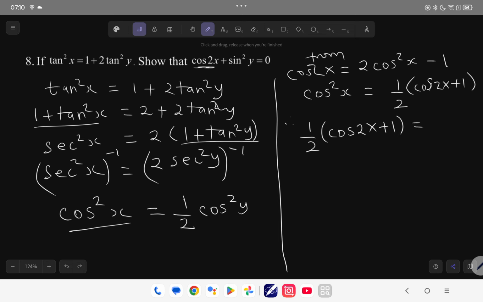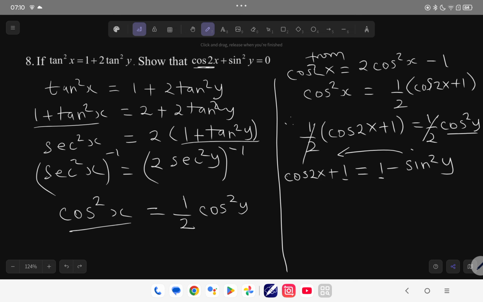Is equal to a half cos squared y. Now these halves will go. I will have cos 2x plus 1. Again, cos squared y is the same as 1 minus sin squared y. So what you get, this one and this one will die.